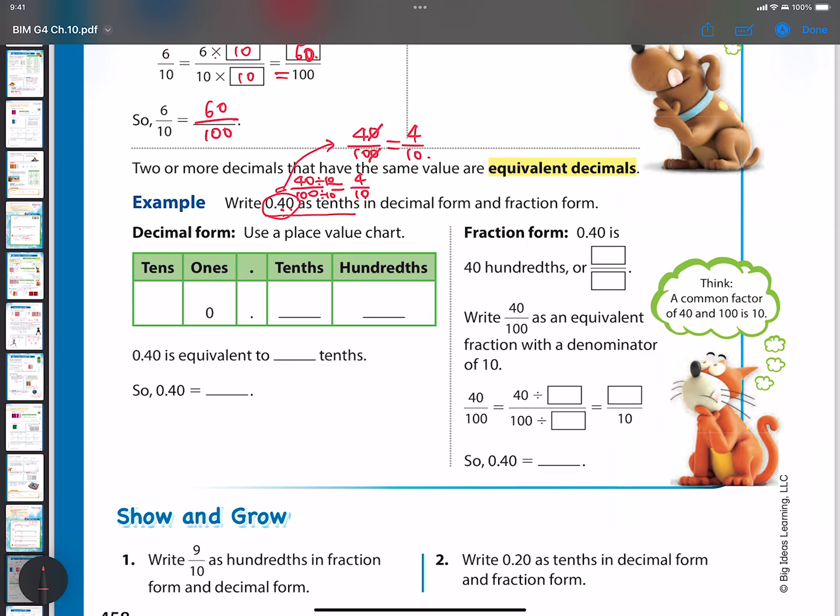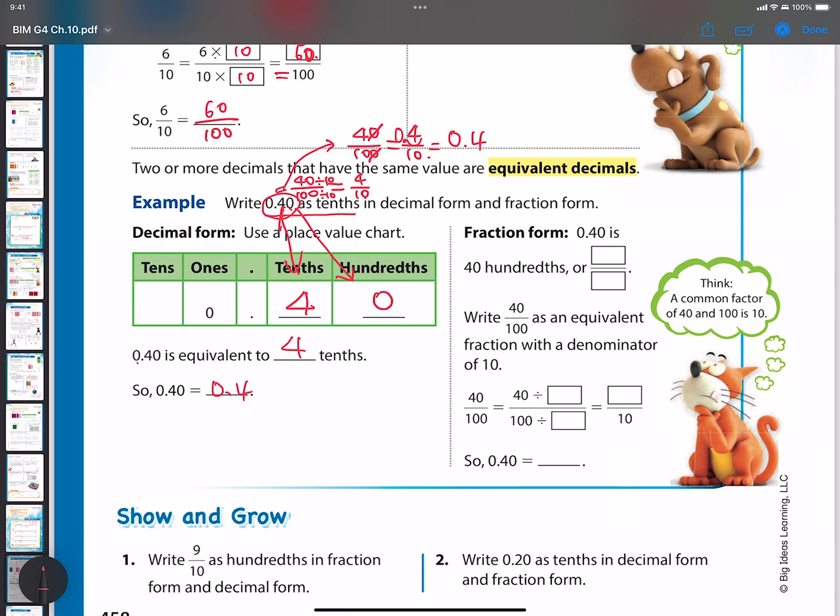In decimal form and fraction form. Decimal form, going backward, is 0.4. Now use the place value chart. We have 4 tenths right here and then 0 hundredths. So 0.40 is equivalent to 4 tenths, so 0.40 is equal to 0.4.